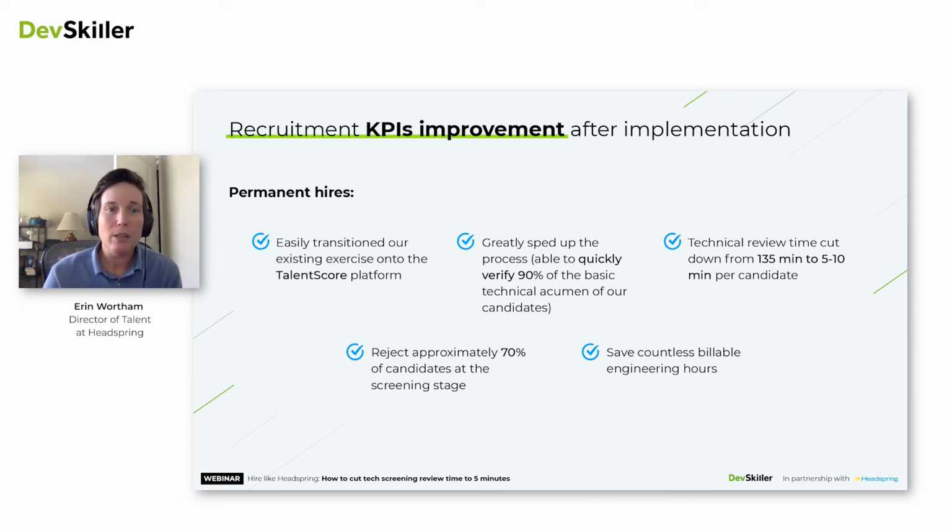DevSkiller gave us the ability to quickly screen candidates and assess them. 90% of the basic technical acumen that we look for at that initial stage, and do it in an automated way. You heard Ryan mention this, but the technical review time was cut down from 135 minutes to 5 to 10 minutes per candidate.